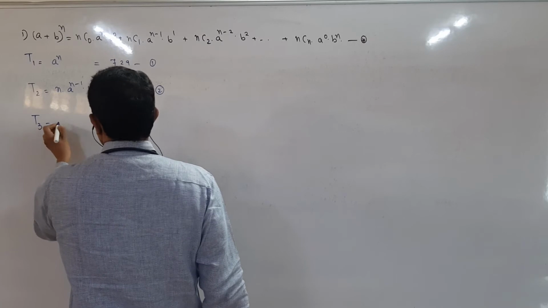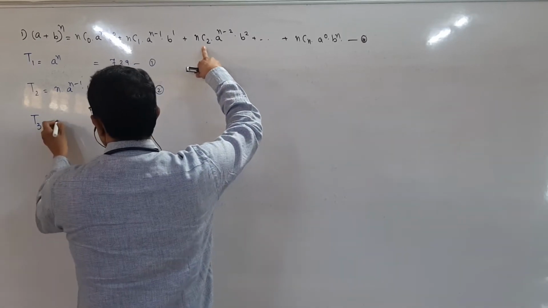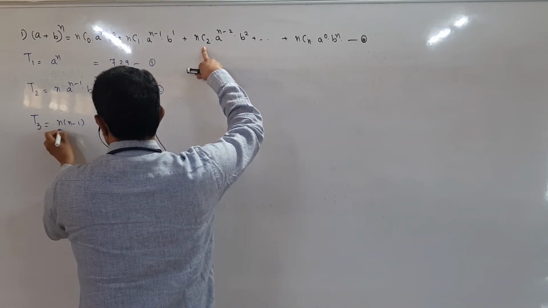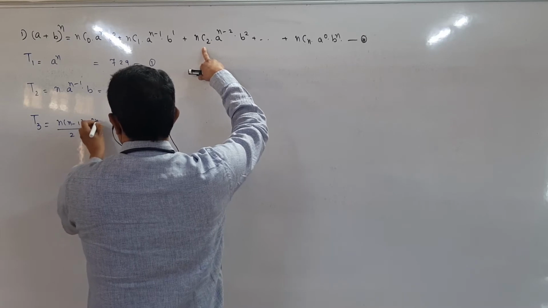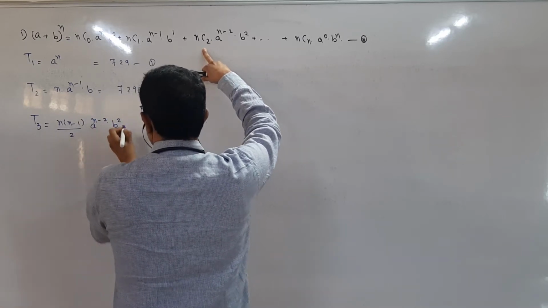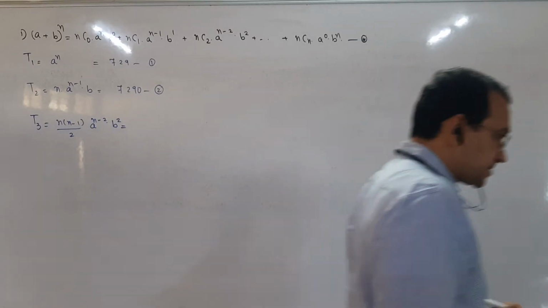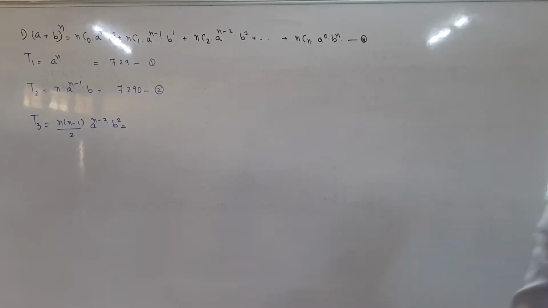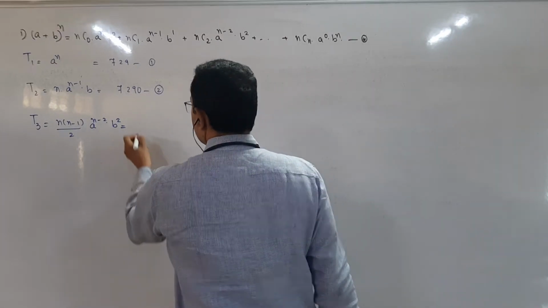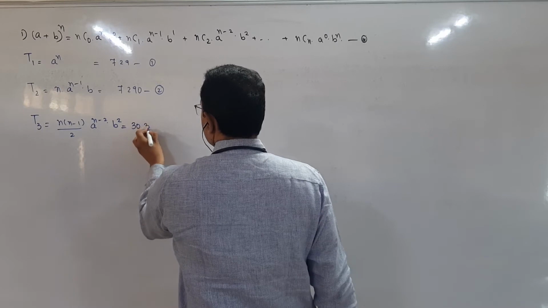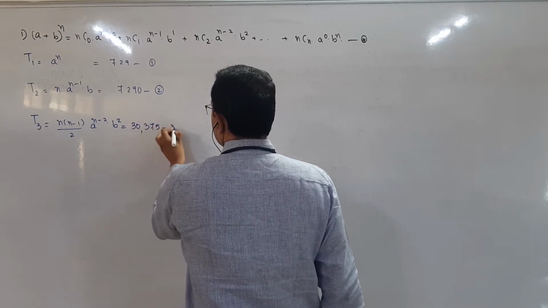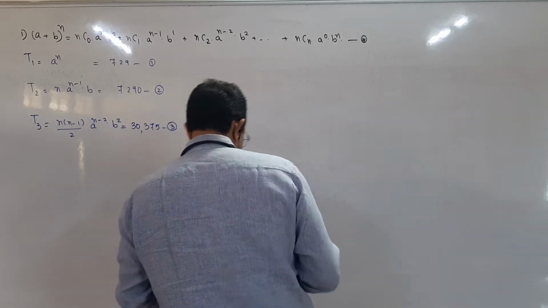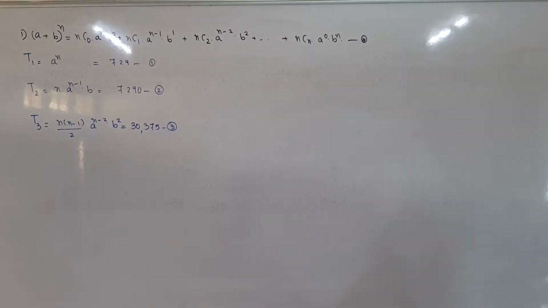And the third term, nC2 is n(n-1)/2, which I have simplified, a^(n-2) b^2, and this is 30,375. So this is our result number 3, students.